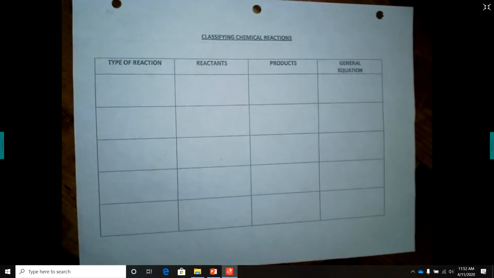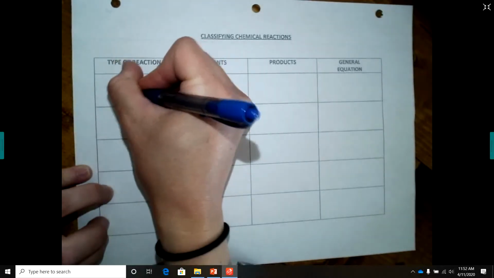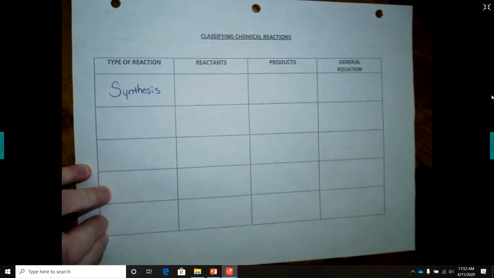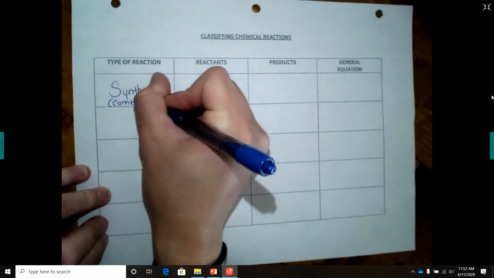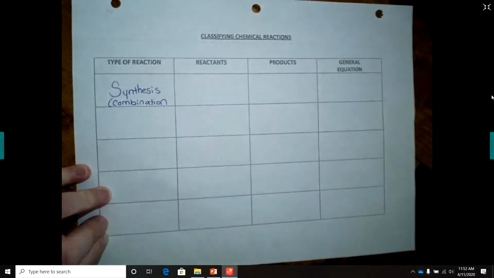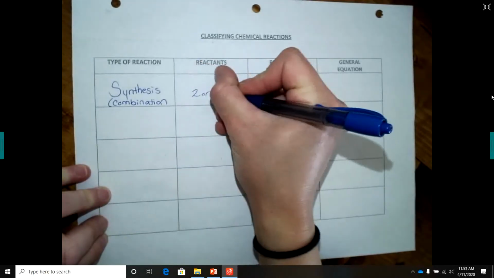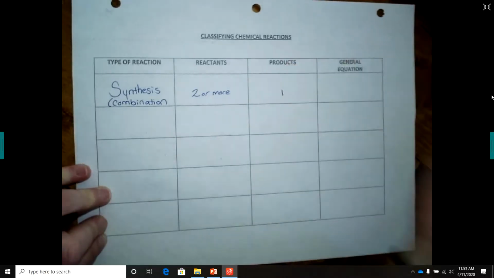The first type of reaction is called a synthesis. A synthesis reaction, you might also see it referred to as combination. That's when you have 2 or more reactants and you end up with one product.